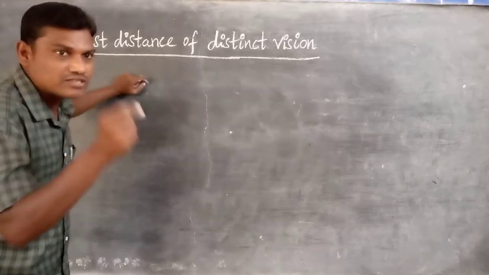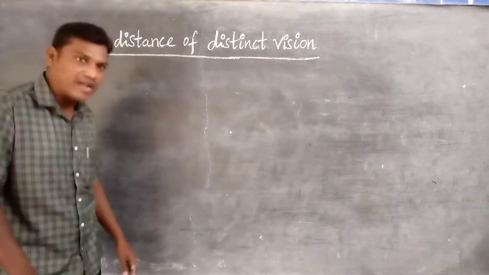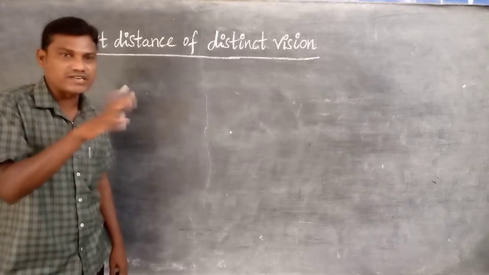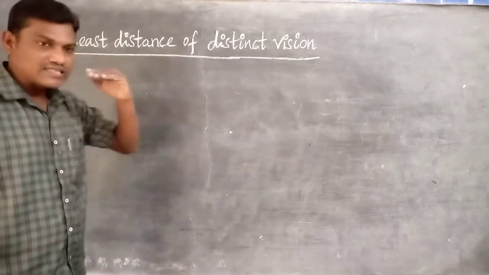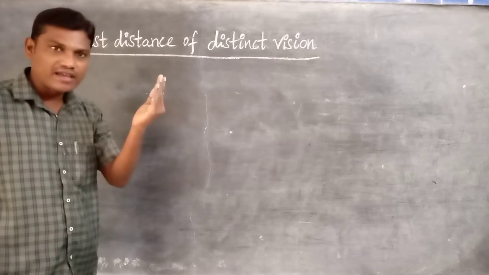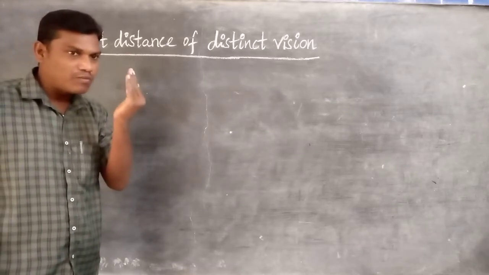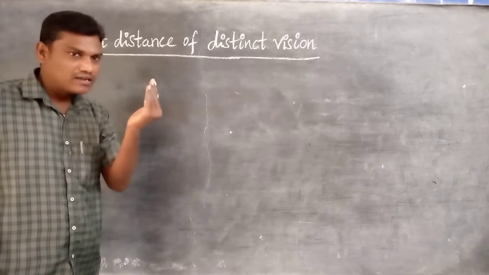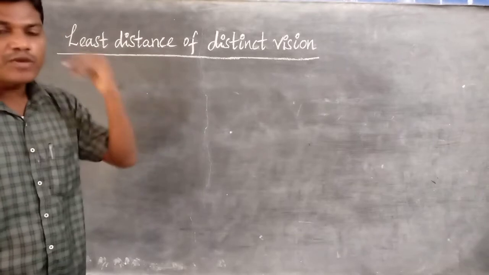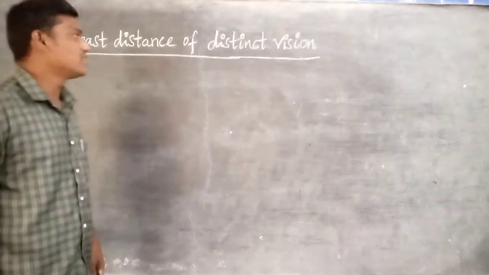The letters appear blurred, and your eye will be very painful because our eye cannot bear more strain. But you can move the same letters away from your eye up to a certain distance where they appear very clearly. At that time you measure the distance, and that is called the least distance of distinct vision.